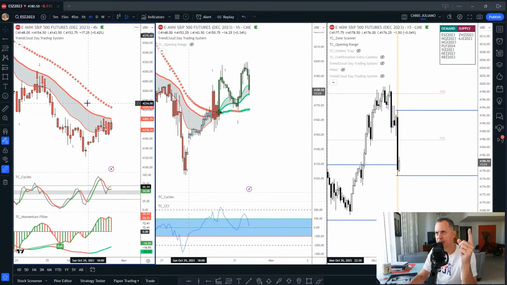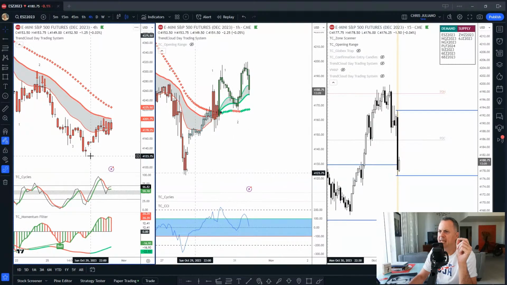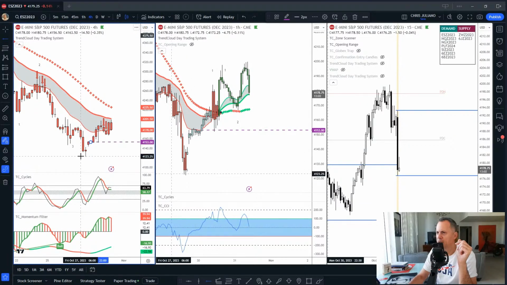Think about this. You're in a downtrend. Number one, high time frame downtrend. You came into the cloud and broke down a little bit, so we impulsed down a little bit, but we never broke any structure. We didn't break here, we didn't break here.